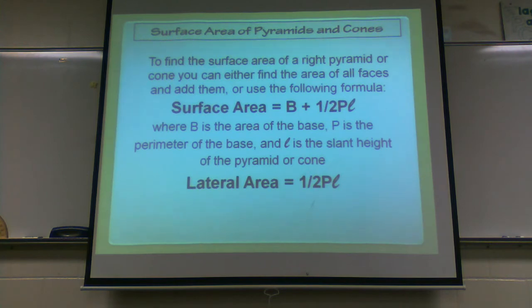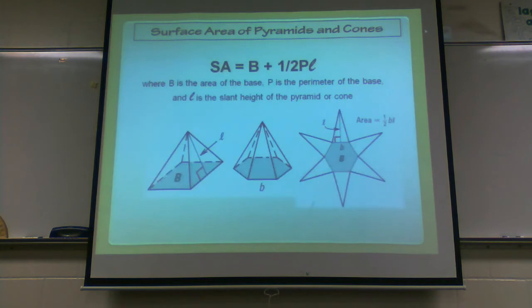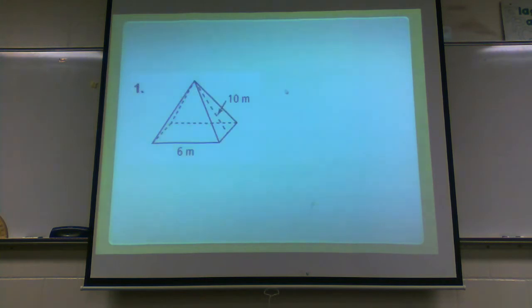Okay, so this is the first one. Just checking there's a right angle there. Wait, are you asking the surface area or the lateral? Yeah, we're going to do surface area.